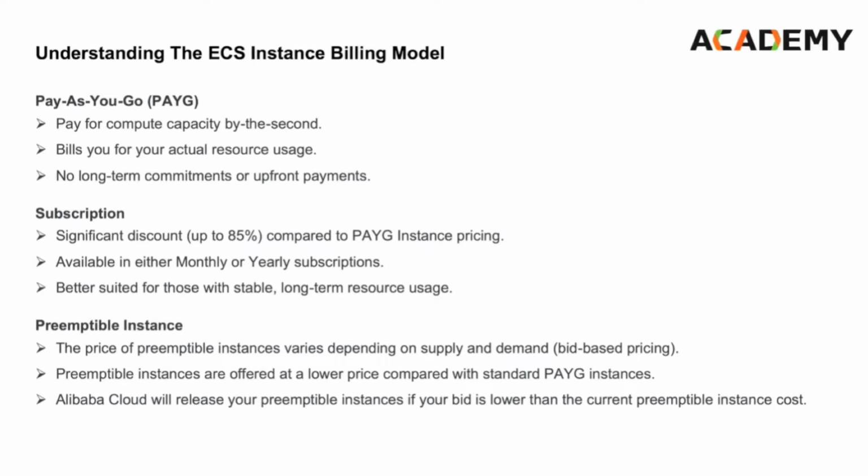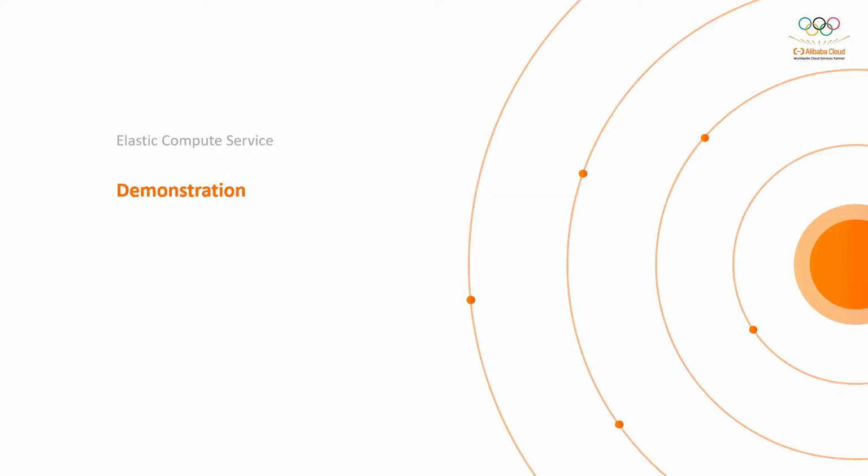But the problem is that Alibaba Cloud gives you the preemptible instances at a price lower than the current instance cost, but only for the first 1 hour we have that particular special price, and when it goes beyond that time, then we need to pay the pay-G instance pricing. So it's better to look into the pay-G mode. When I demonstrate, I will show the pay-G only. Now we go into the demonstration of Elastic Compute Service.